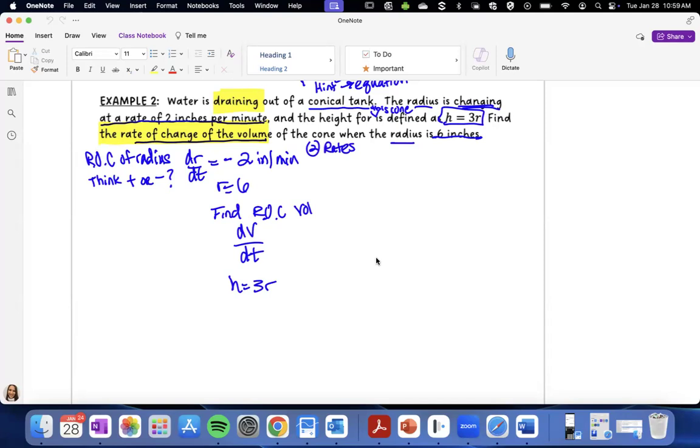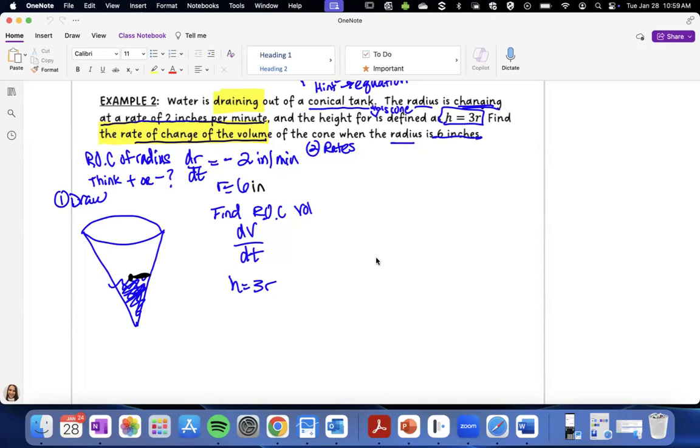So we're gonna draw the picture. We have a cone, a conical tank. Okay, water's in here. Yay, got some water. And I know that my radius is 6 inches.